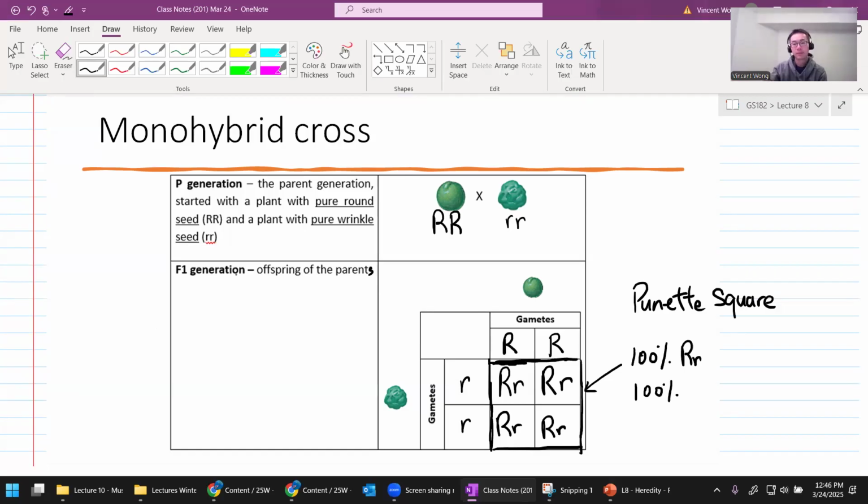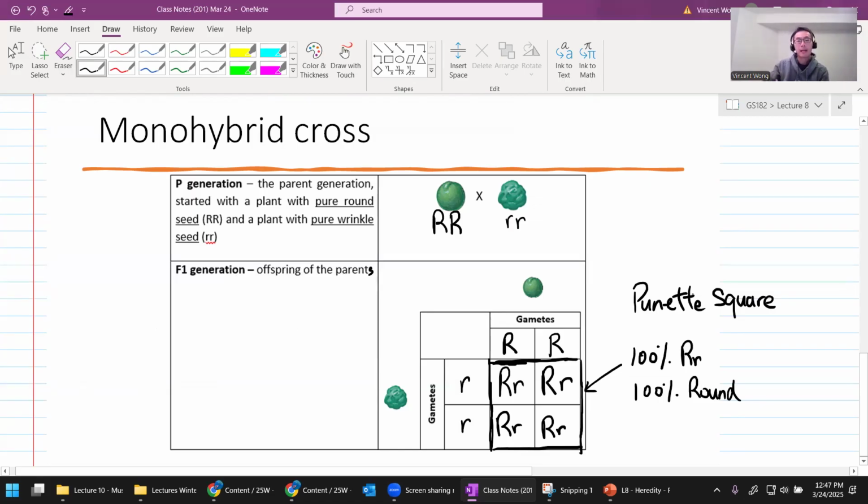What do you think? So round or wrinkle? Well, capital R is round and small r is wrinkle. So when you have both alleles, the capital one will override the small letter. So all these will be round.